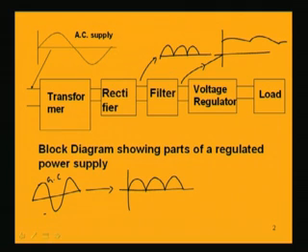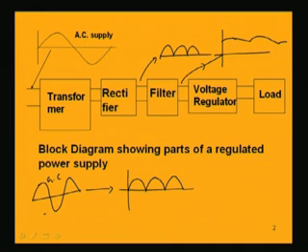So, from the filter output we are getting this ripple. Depending upon the design of the filter circuit, we can reduce the ripple part. Now, this can be assumed to be a DC voltage, or it can be said that we are getting a DC.